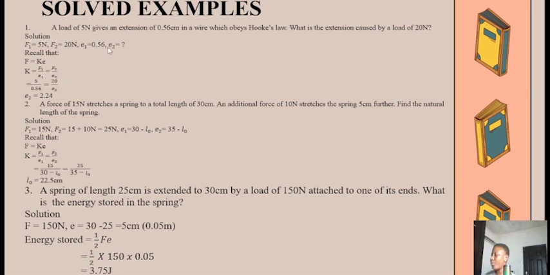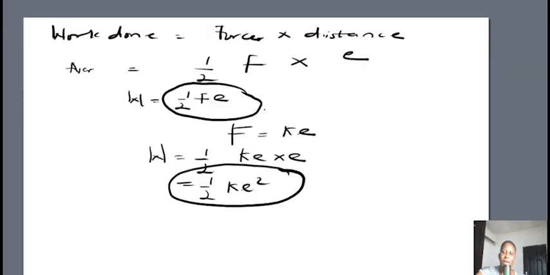So let's go to our board and solve this question. Let's write out our parameters first. So we have our F1 and our F2. Our F1 was 5 Newton.